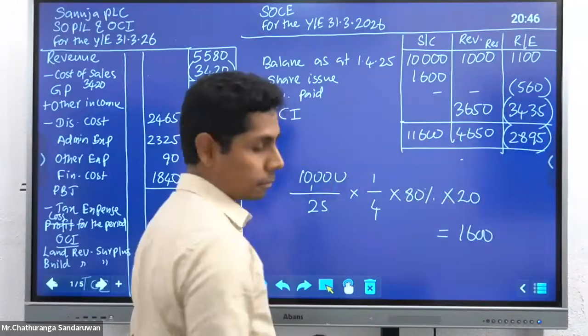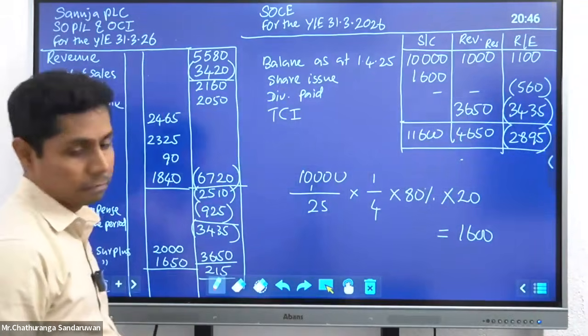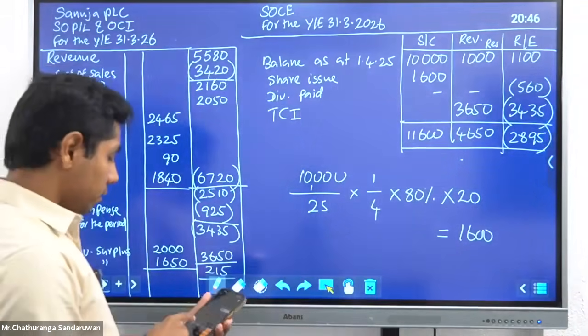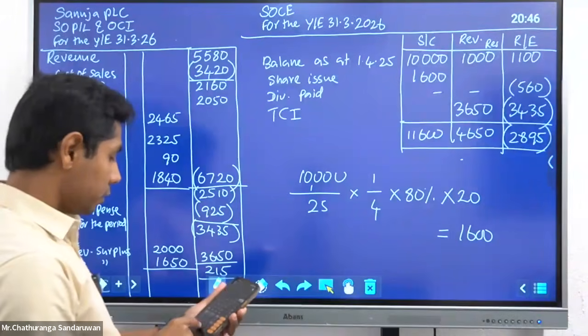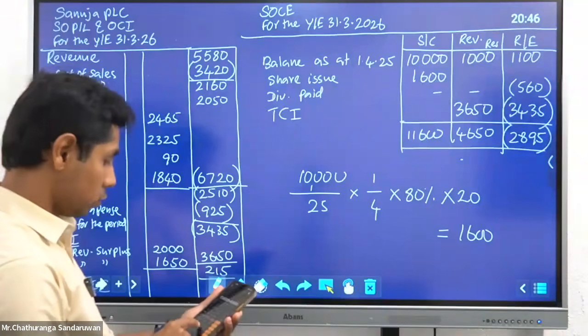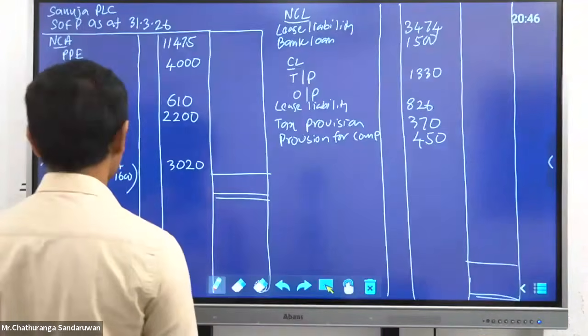That can happen, right? It's a loss-making company. So balances 11,600 plus 4,650 minus 2,895. So take them to the SOFP.